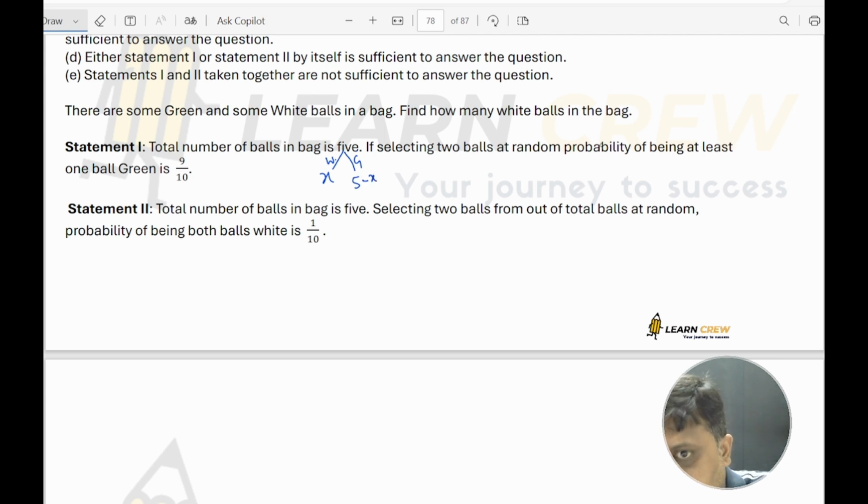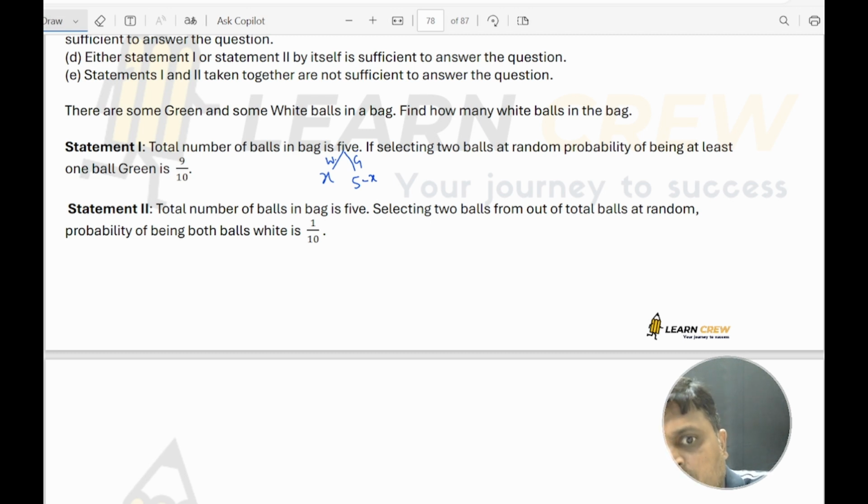If selecting 2 balls at random, what is the probability of at least one ball being green? At least one ball green means what? It can be one green, one white, or both green.